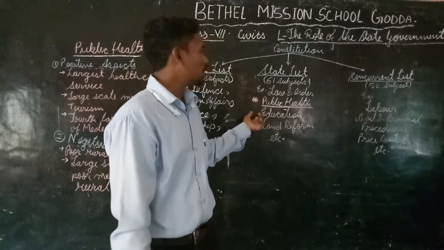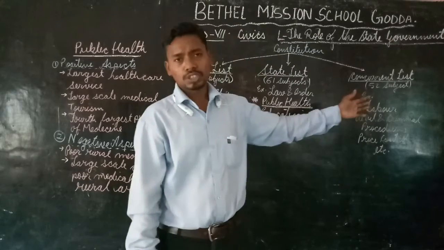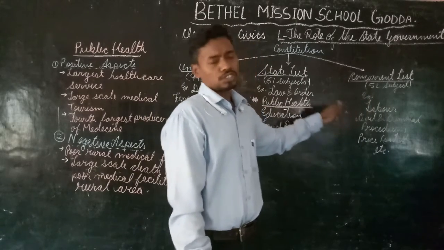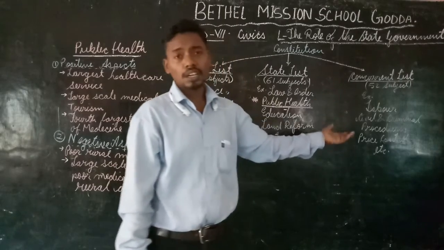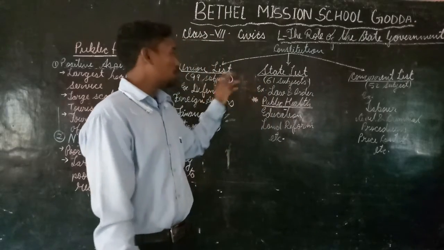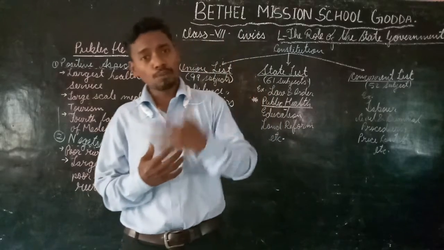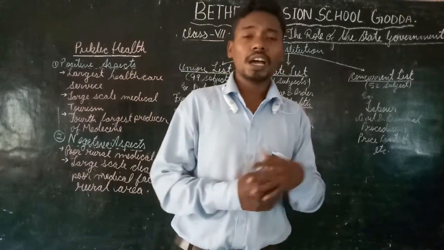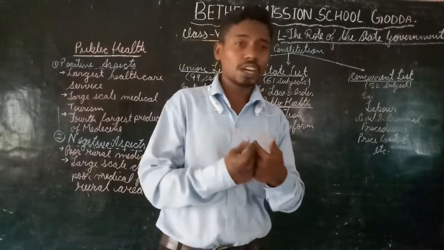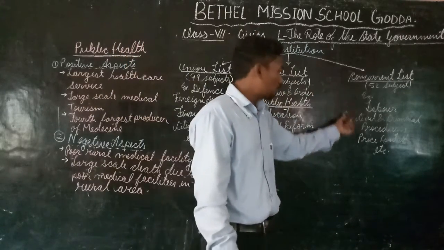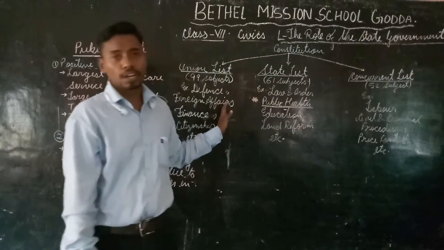If the state government has to perform any of such functions, it can. If the central government wishes to perform a function under the concurrent list, it can. But if both are willing to perform the same work and there is a conflict regarding who is going to perform the function, the central government will always have the upper hand.